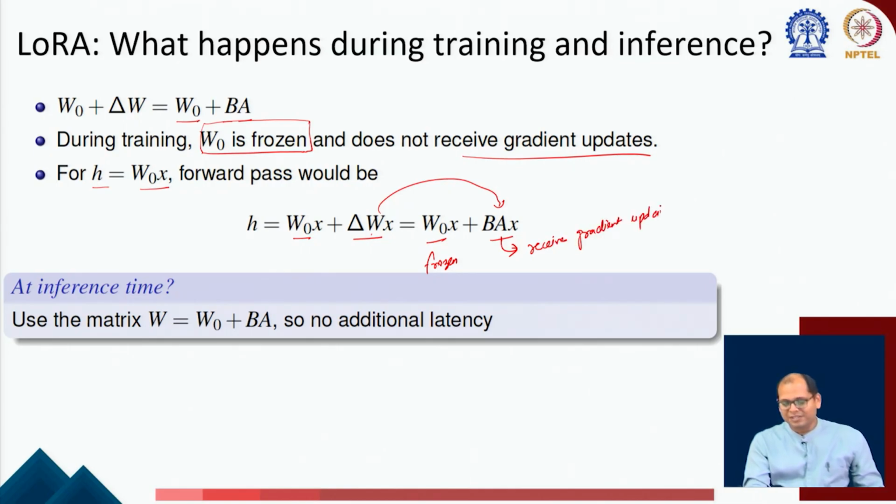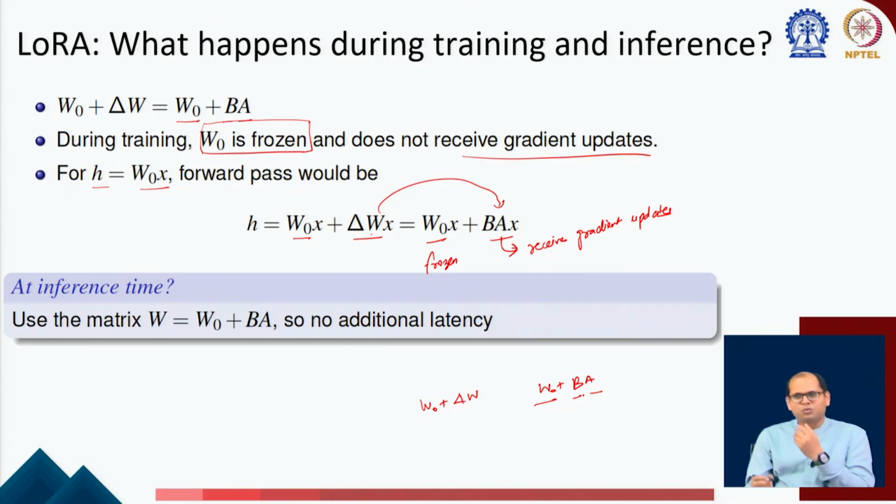Now what will happen at inference time? That means your B and A have been trained already with your data. You have found the B and A that maximize the likelihood for your data, and B and A are frozen. So at inference time, your new matrix should be W naught plus delta W, that is W naught plus B A. You know W naught, you know B, you know A, and B A will give you the same dimension as W naught.